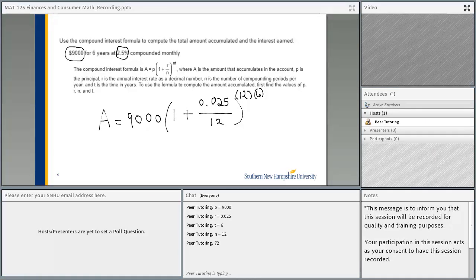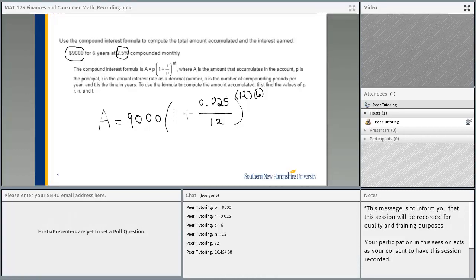Use the compound interest formula to compute the total amount accumulated. So that piece, that $10,454.88, is going to be our total amount accumulated.